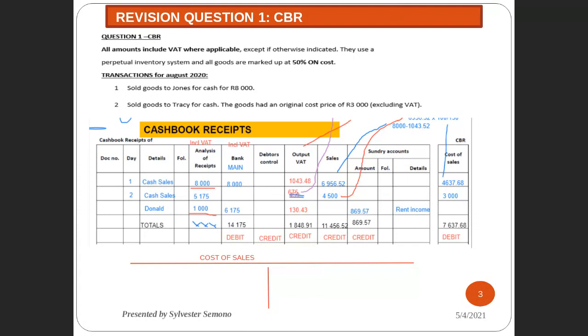So bear in mind, cost of sales is a special case. It always goes with a certain account. So tell me under which side and how will I record it?